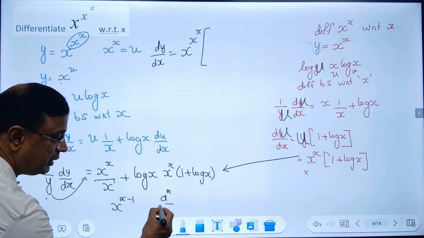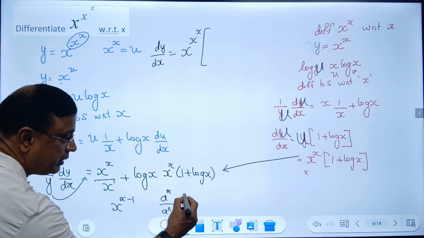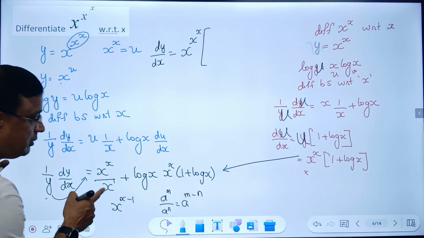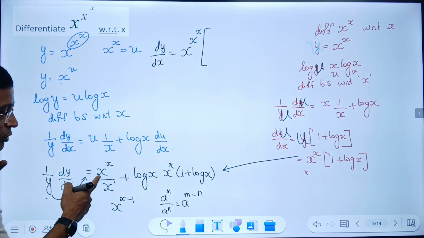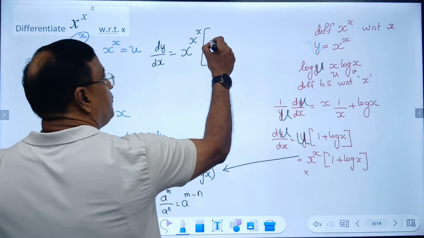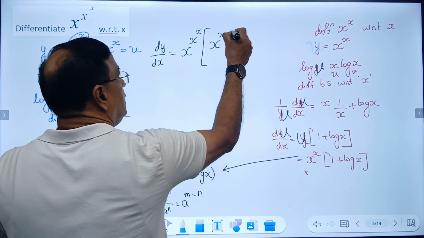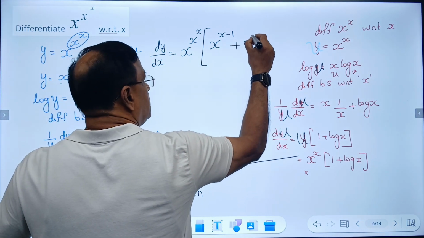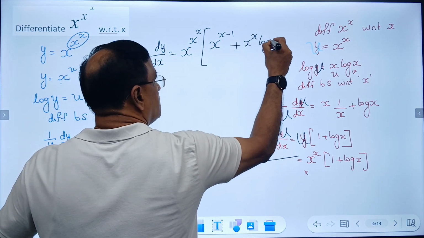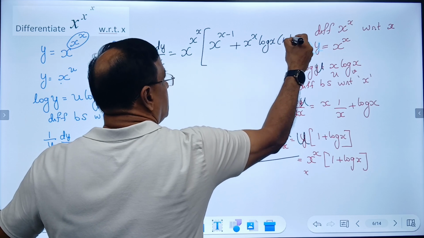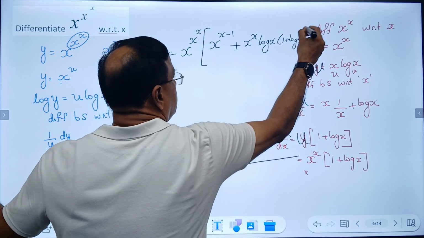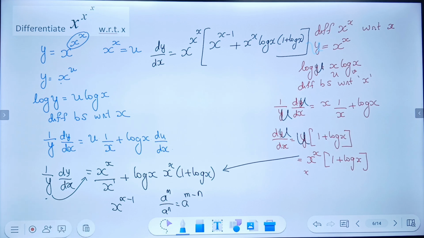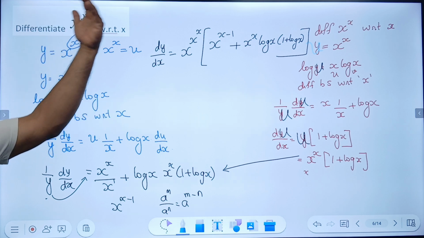So here x power x by x power 1 will be x power x minus 1, plus x power x log x into 1 plus log x. Very simple. The only thing is it's a little lengthy, that's all. So I have found dy by dx. So you have understood now how to differentiate x power x.